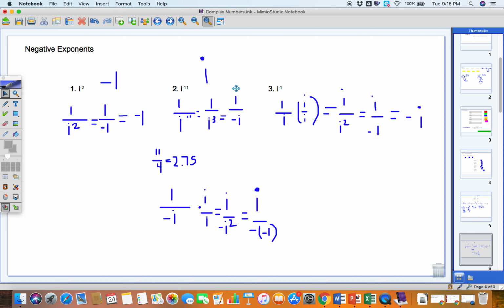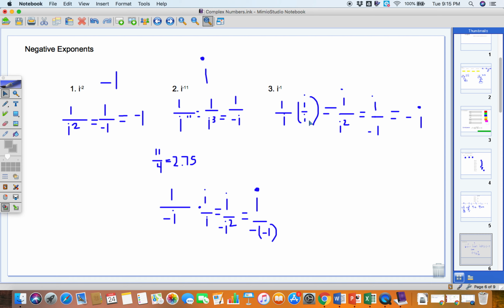I'm going to skip number 2 for just 1 second and move over here to number 3. i to the negative 1 power is equivalent to 1 over i. This one is not as easy because we don't have i squared to cancel out by itself. So we have to make our denominator i squared. So to do that, we're going to multiply the bottom by i.